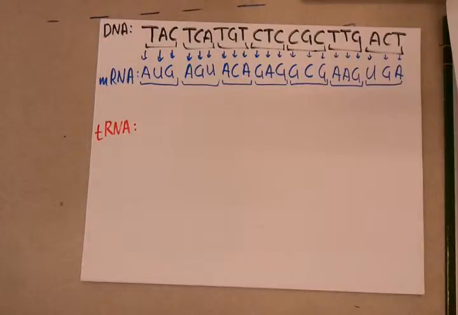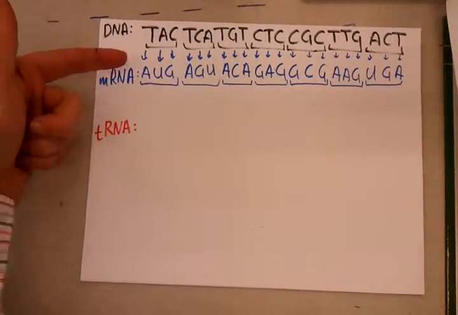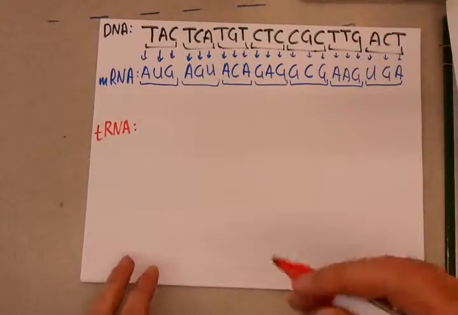Now that you have your 7 codons for the mRNA, the next step is to match that to the tRNA anticodons. Same base pairing rules. Now you're going from RNA to RNA. So here was DNA to RNA. Now it's RNA to RNA, so no T's whatsoever, only U's. But everything else follows about the same way.